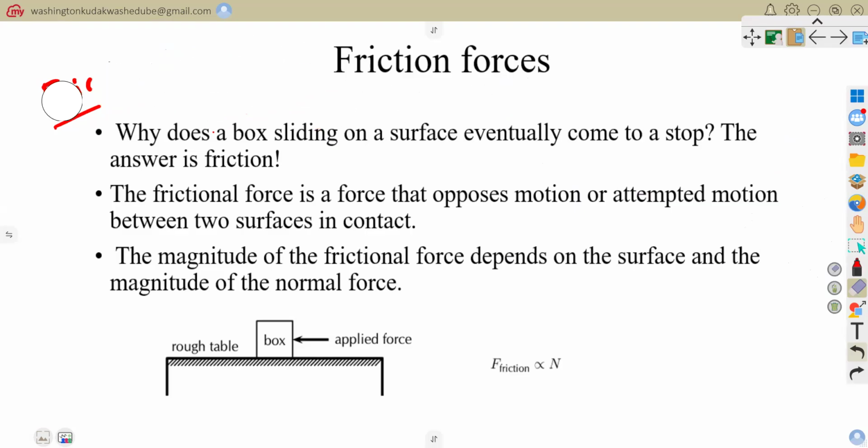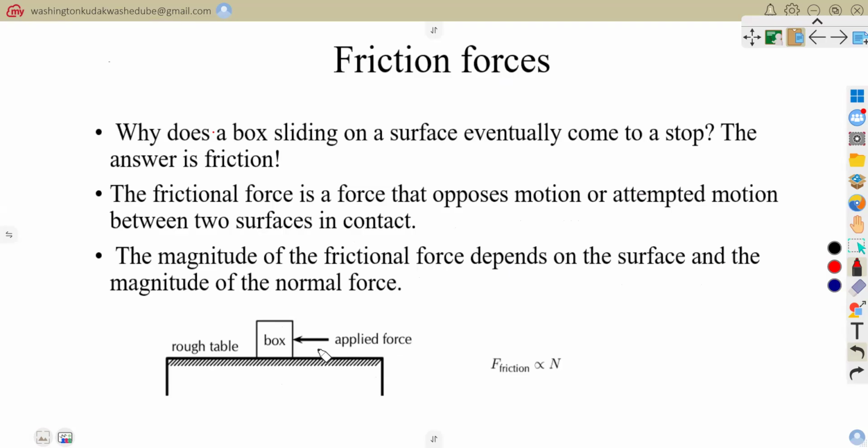So the definition that we are going to adopt here is that the frictional force is a force that opposes motion or attempted motion between two surfaces in contact. For example, you have a box resting on top of a table, which is rough on its top.